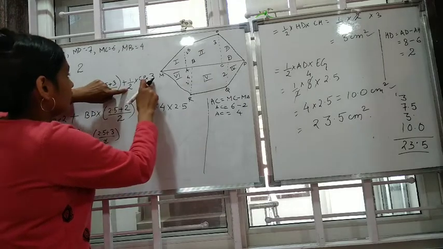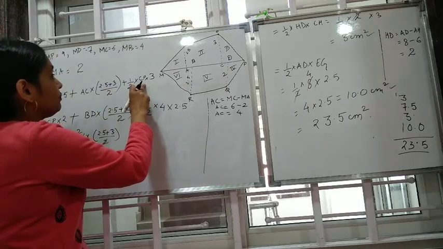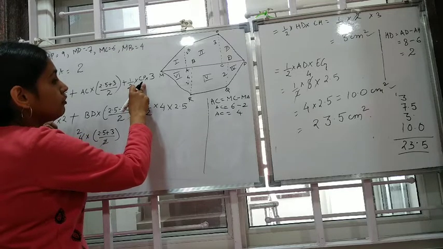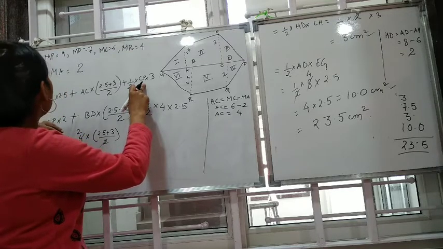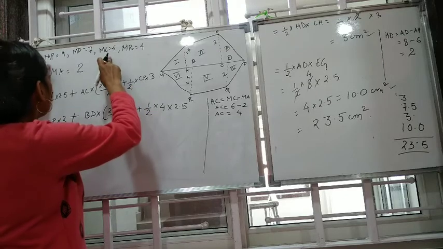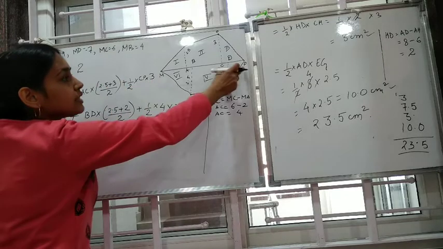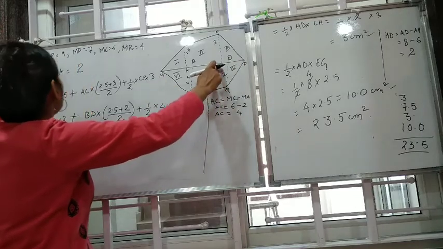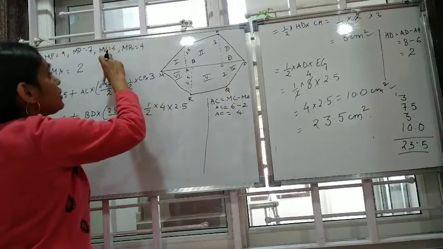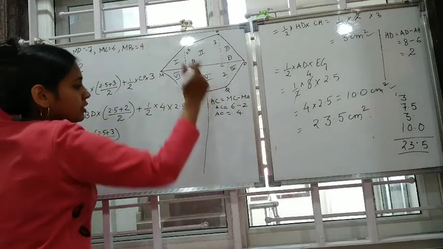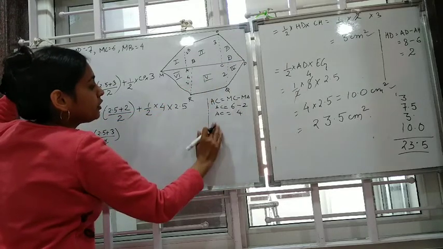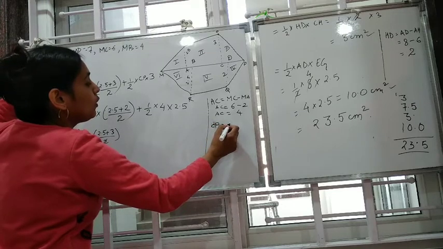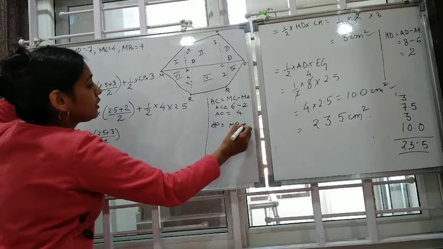Then we come back here. Now here we need to know CP. MC is given and MP is given. Yes, MP and MC are given. So children, this is CP. From MP, if we remove MC, we'll come to know CP. So CP is equal to MP minus MC.